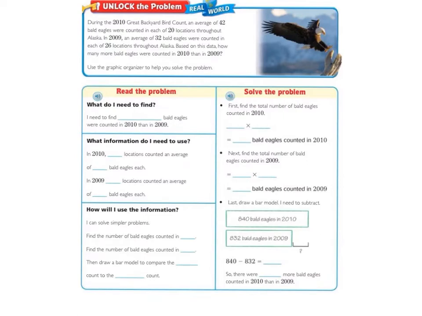All right. Our Unlock the Problem today is going to walk us through a problem-solving problem, and so we're going to use our problem-solving box here to understand what it is we're doing and solve our problem. So let's read the Unlock the Problem. It says, during the 2010 Great Backyard Bird Count, an average of 42 bald eagles were counted in each of 20 locations throughout Alaska.